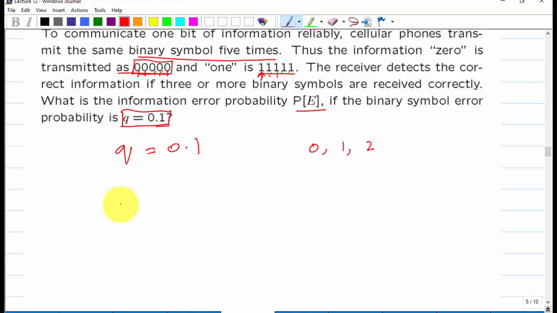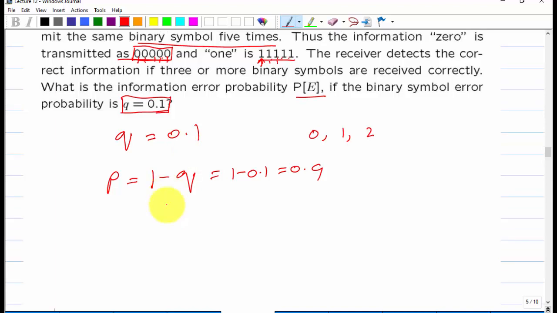On each trial, success occurs when the binary symbol is received correctly. The probability of success is P, which is obviously 1 minus q. So it is 1 minus 0.1, which is 0.9. So the probability of success of each bit is 0.9 and failure is 0.1.